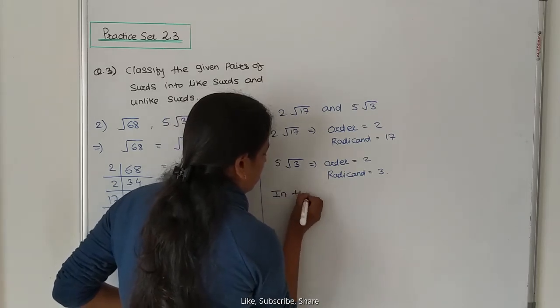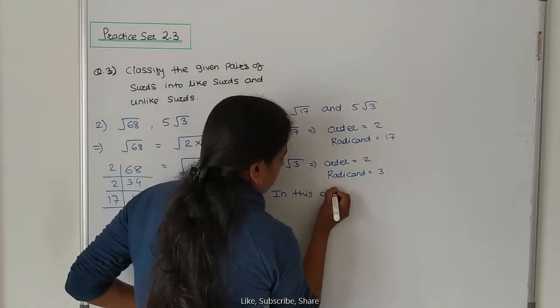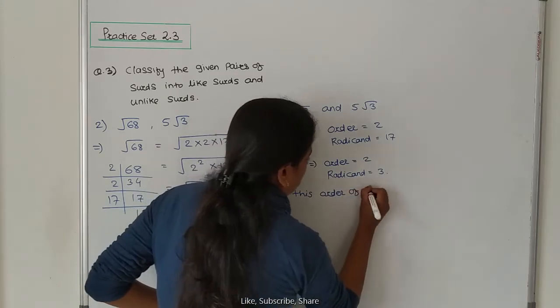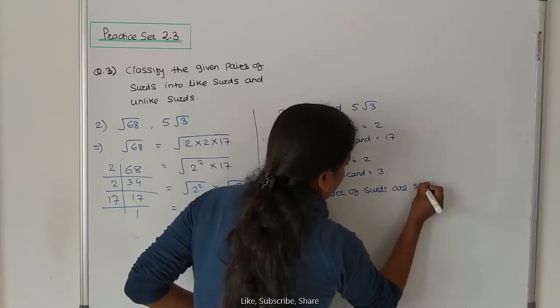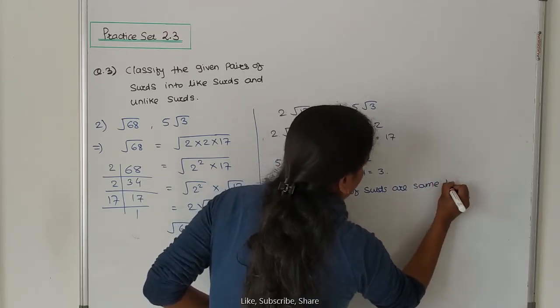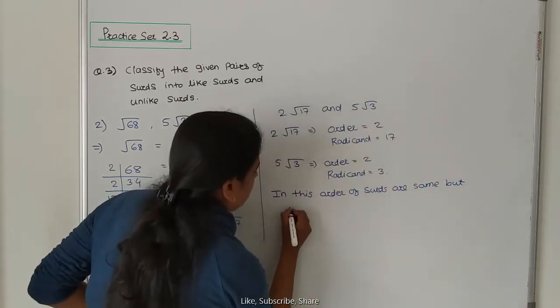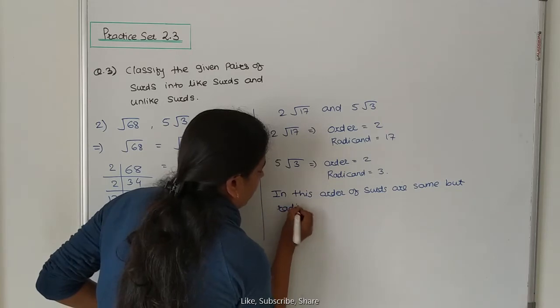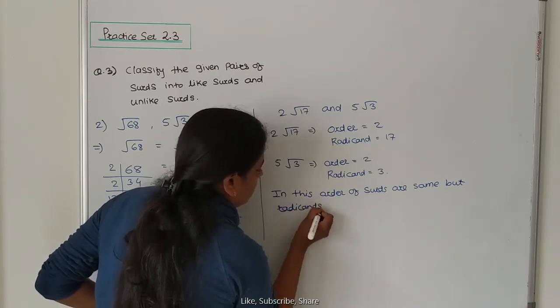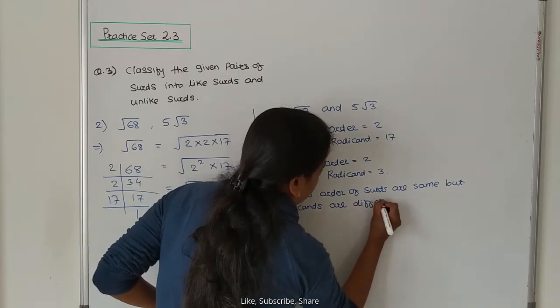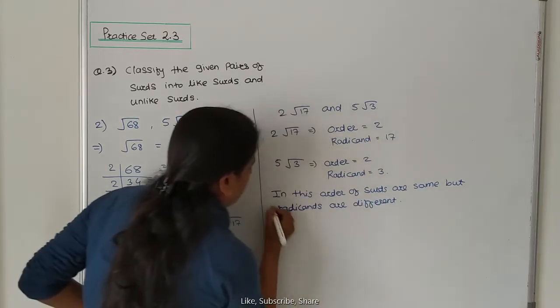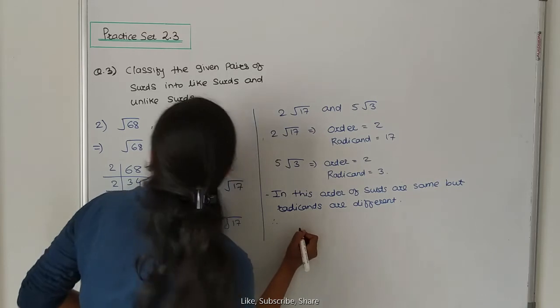In this, order of surds are same but radicands are different. Therefore, what we have to write?